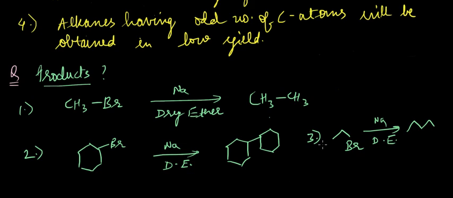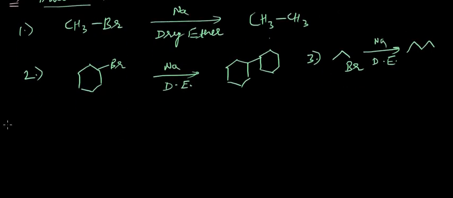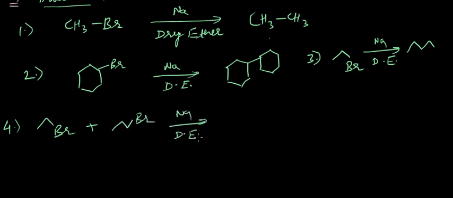Okay, and let's make this third example more interesting. What would happen if we have something like Br and this, in the presence of dry ether? We would have these products.